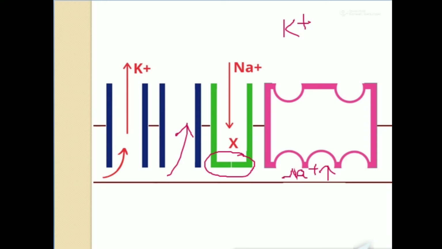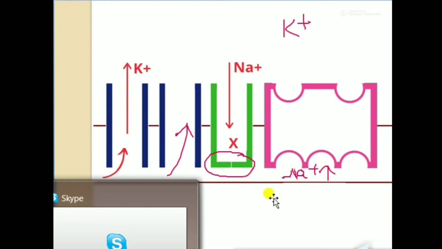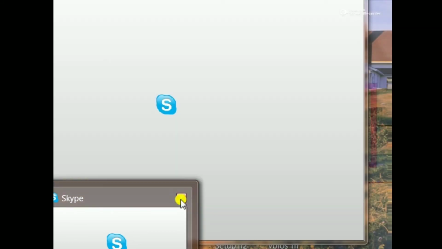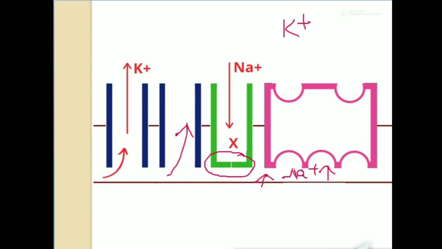But after the repolarized state, sodium concentration inside the cell became higher, whereas the potassium concentration outside the cell became higher. That causes an ionic concentration difference.